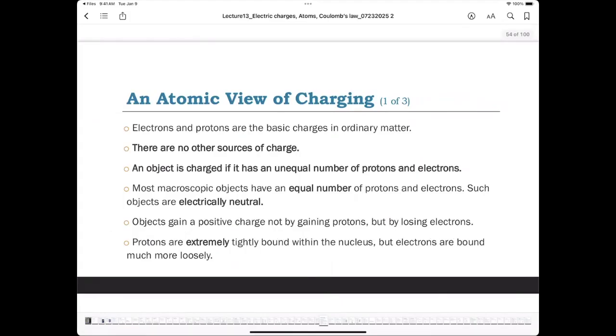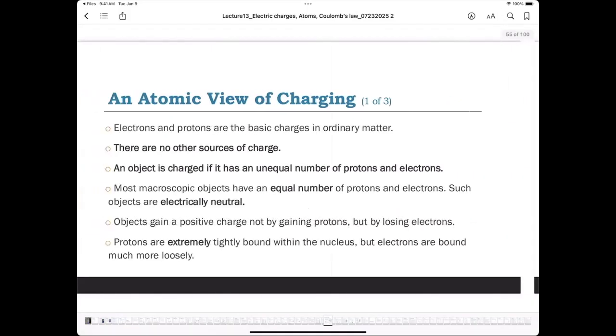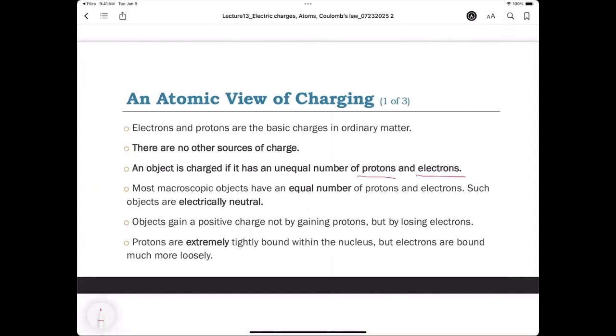An object is charged if it has an unequal number of protons and electrons, which means if protons and electrons are equal in number, the object is neutral. It is not charged.